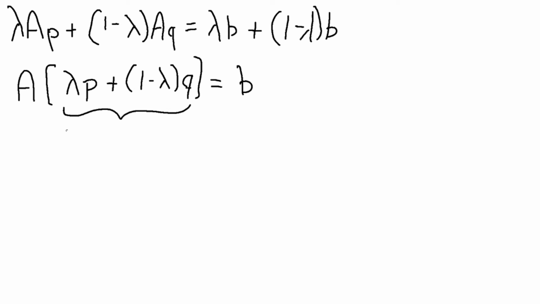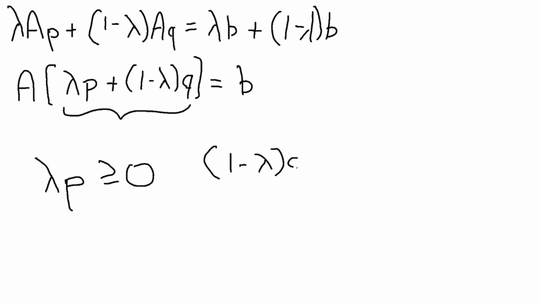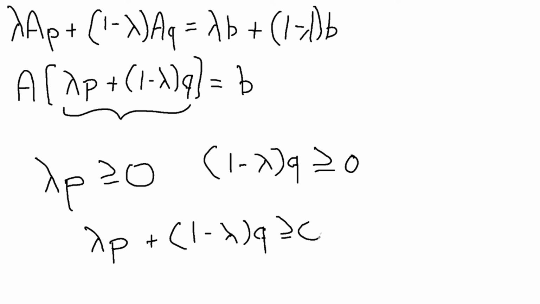Now, the second part is that this point be non-negative. So you'll recall from that slide, lambda P is greater than or equal to 0, and 1 minus lambda Q is greater than or equal to 0. So now, if you take two things that are both greater than or equal to 0 and you add them together, you will get something that's greater than or equal to 0. So lambda P plus 1 minus lambda Q is greater than or equal to 0.